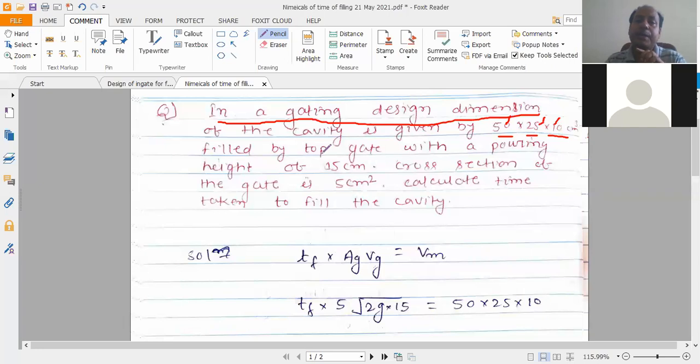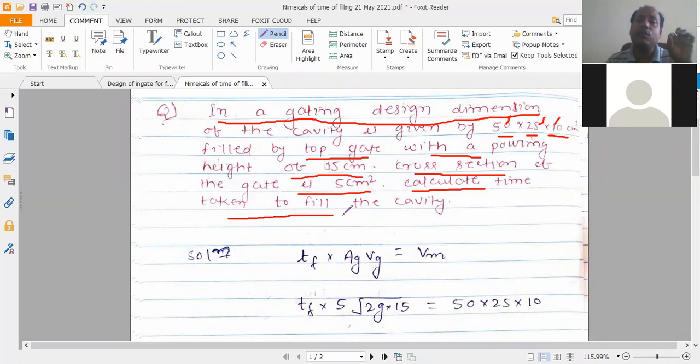So it is filled by the top gate. The gate is at the top of the mold cavity, with a pouring height of 15 centimeter, meaning HT, the total height, is 15 centimeter. The cross section area of the gate is 25 centimeter square. Calculate the time taken to fill the cavity.